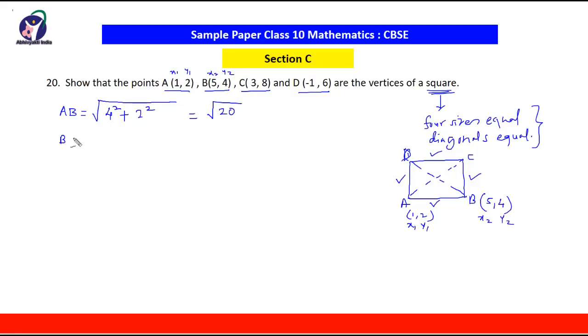Now we will find BC. B coordinates are these and C coordinates I am taking as (3, 8).